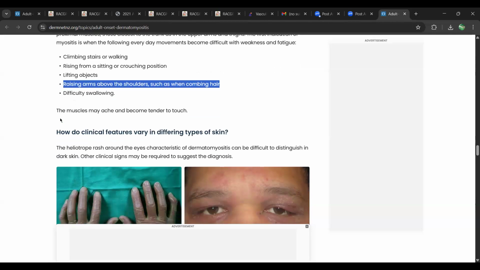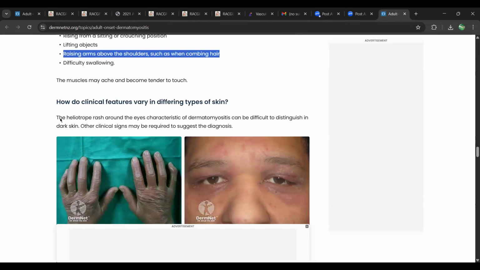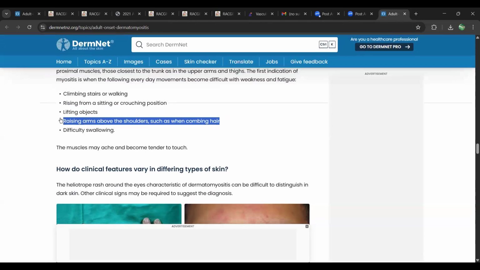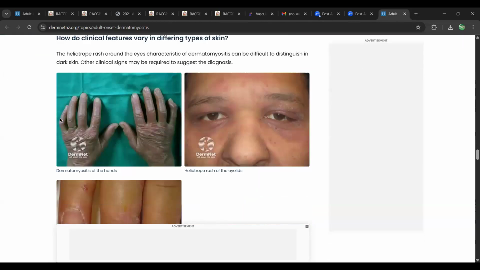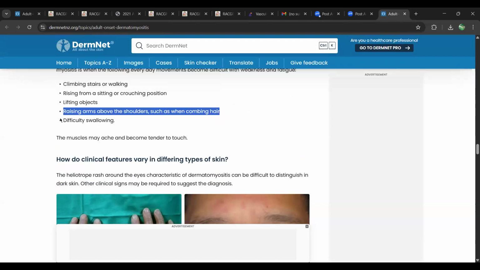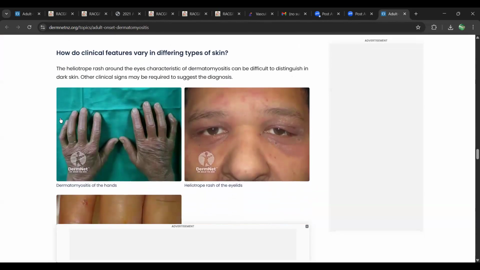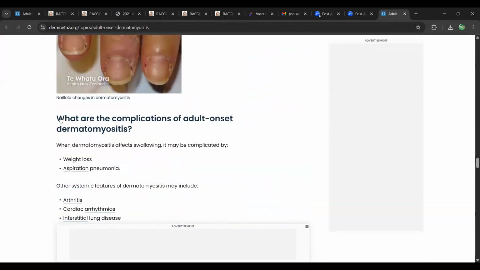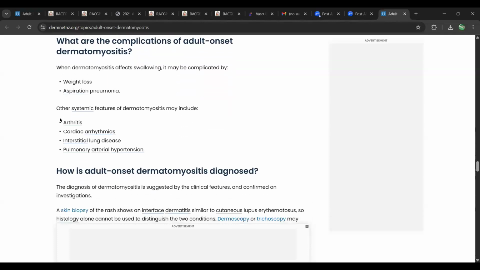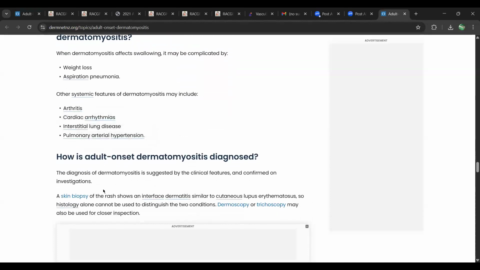So you can kind of understand they follow this guideline, right? DermNet: how do clinical features vary in different types of skin? These things you don't really need to know. And complications, we did now.